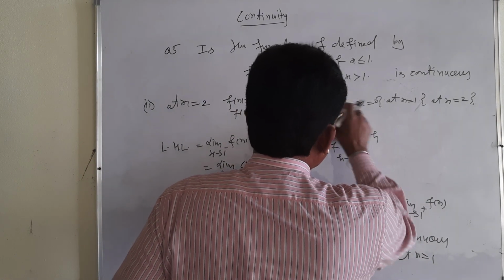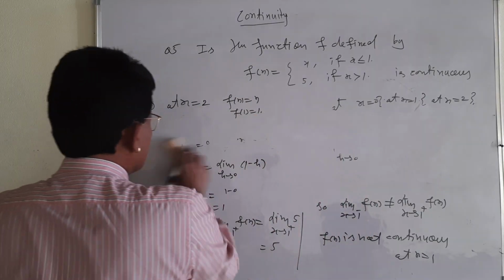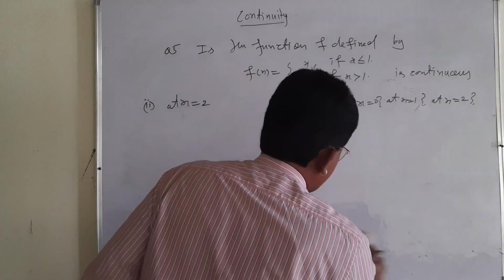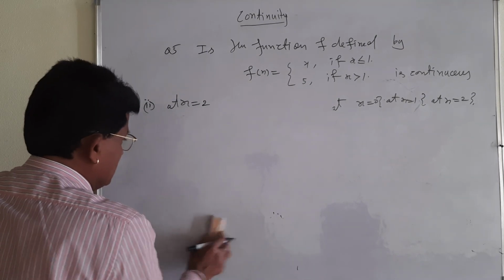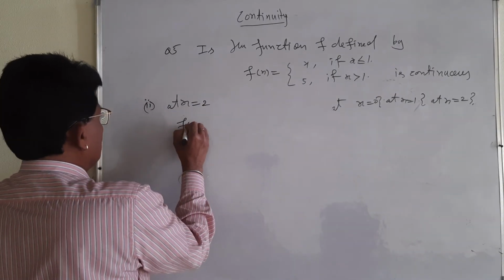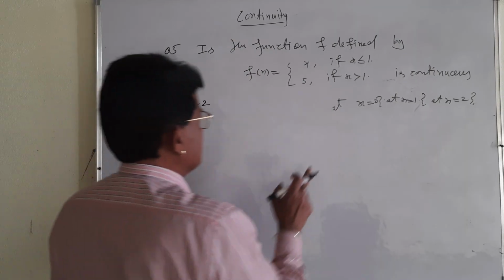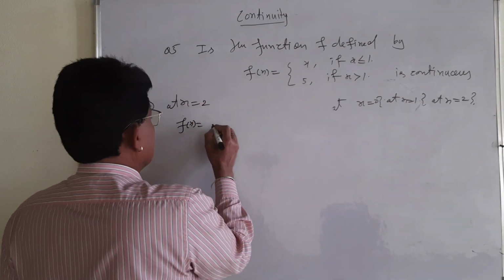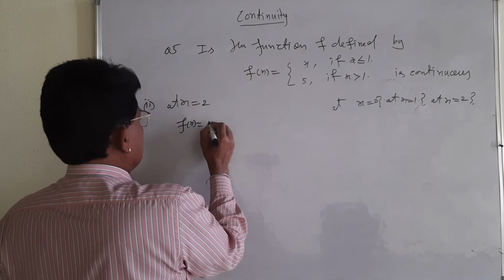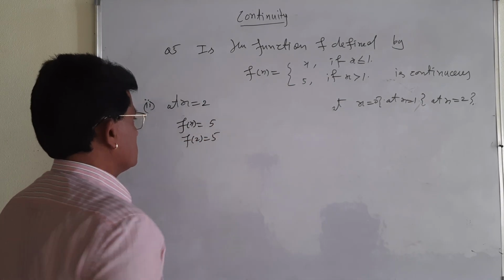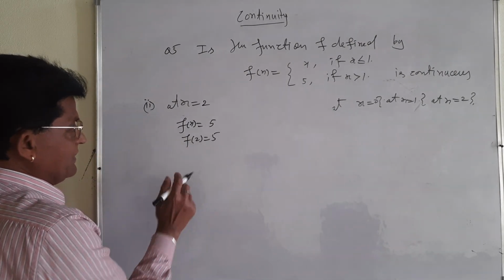Last point I am going to take. This thing you can remove now. My dear student, you see at 2, I am going to take 2. Then what will be the function? The question arises first: greater than 1? Because 2 is greater than 1, this will be the function, and it will be 5. In place of x, write 2, it will be 5. Okay, f(2) will be 5.